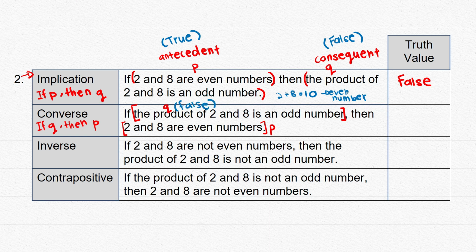Here is the application of rule number 2: if the antecedent is false, then the implication will be true. For this converse, the antecedent is false, so this converse is true.